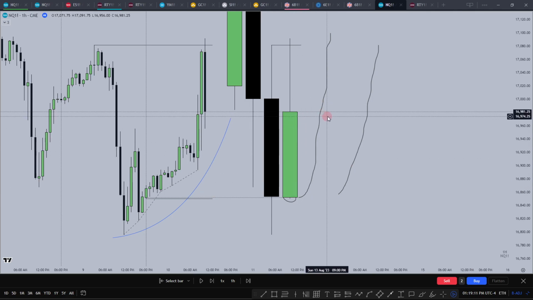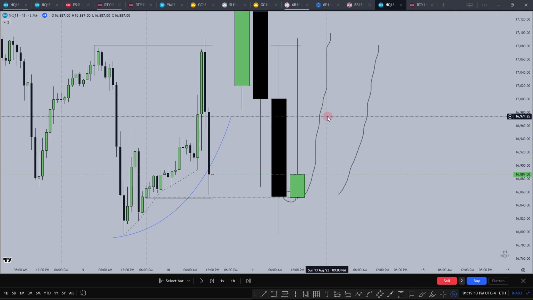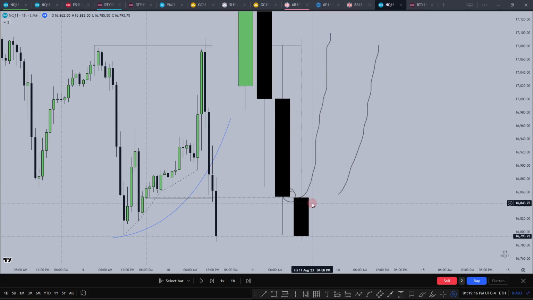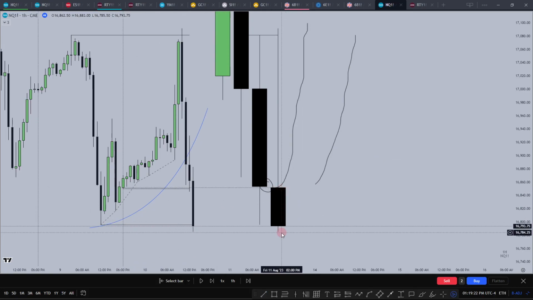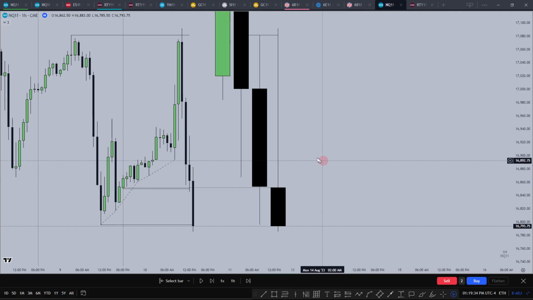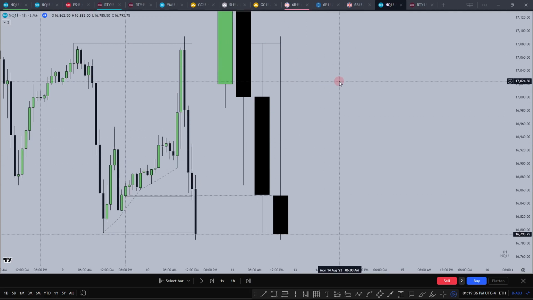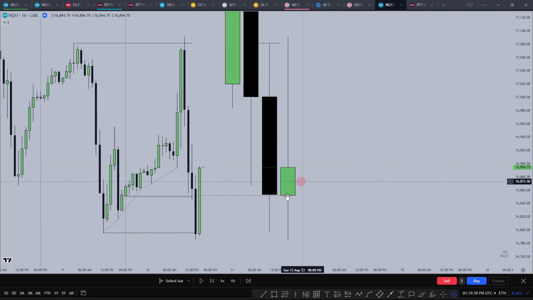And see price not being able to form much of a body here, and yes, it reaches there as well, but can't expand much more away from the opening price. So you mainly frame till the opening price. I will remove this, these, this as well, and it closes around the opening price.